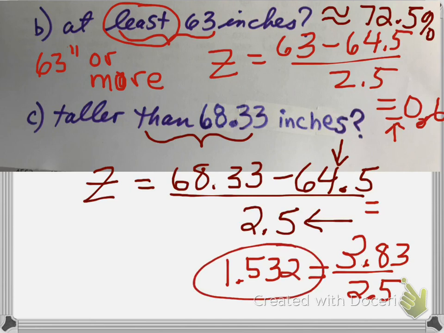So again, this means someone that is 68.33 inches is 1.532 standard deviations away from the mean.